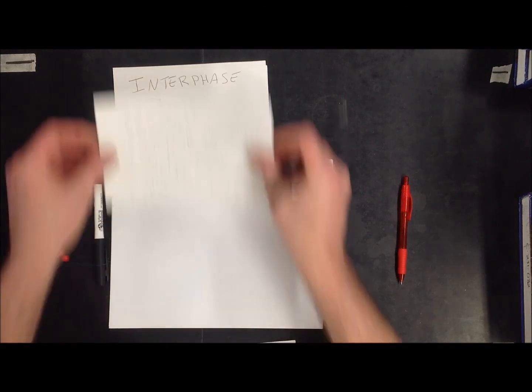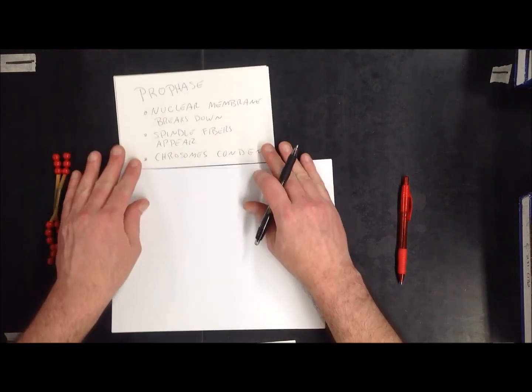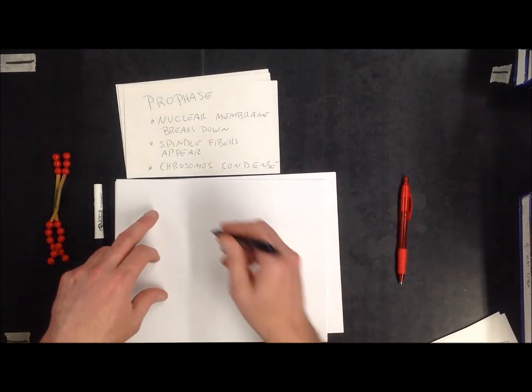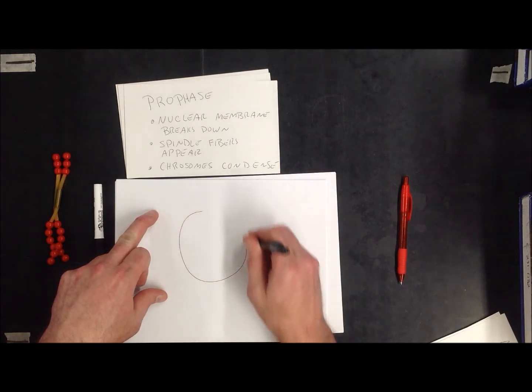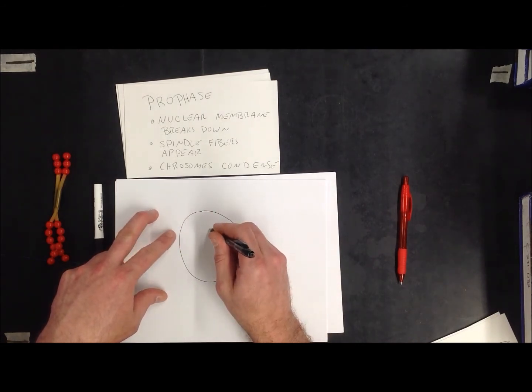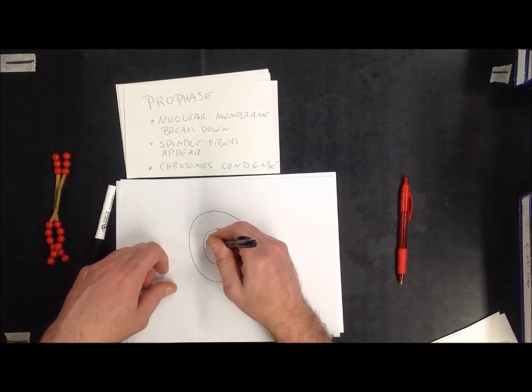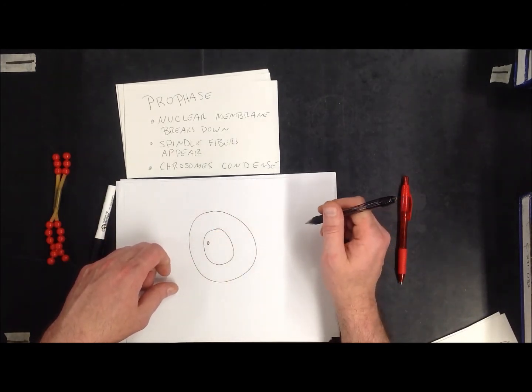So let's start with our prophase. Okay. During prophase, this is right at the very end of interphase. Again, I'm going to draw our initial cell. There's the cell membrane. I'm going to draw an extremely large nucleus just so we can see what's going on. I'm going to put a nucleolus in here.